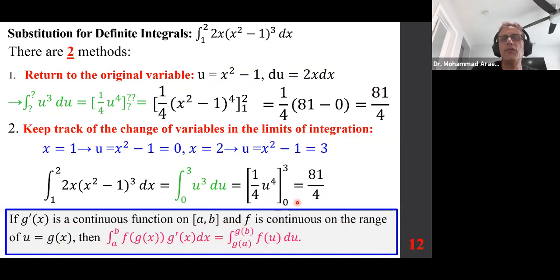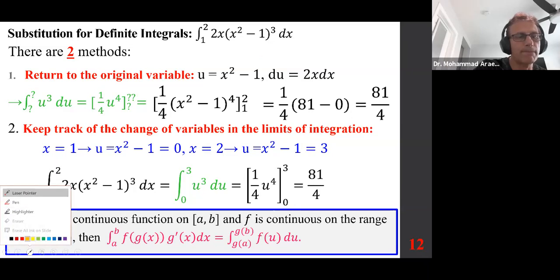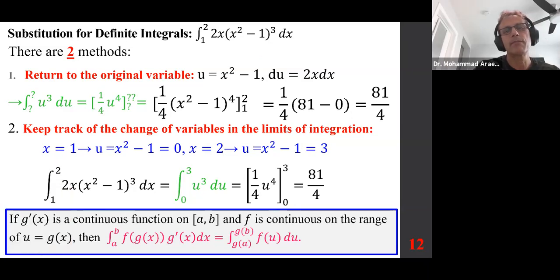In other words, if you change this with a u substitution, remember u is the same as g of x, class. This is a, this is b. Therefore, you plug in a and b into g of x to find the new limits.